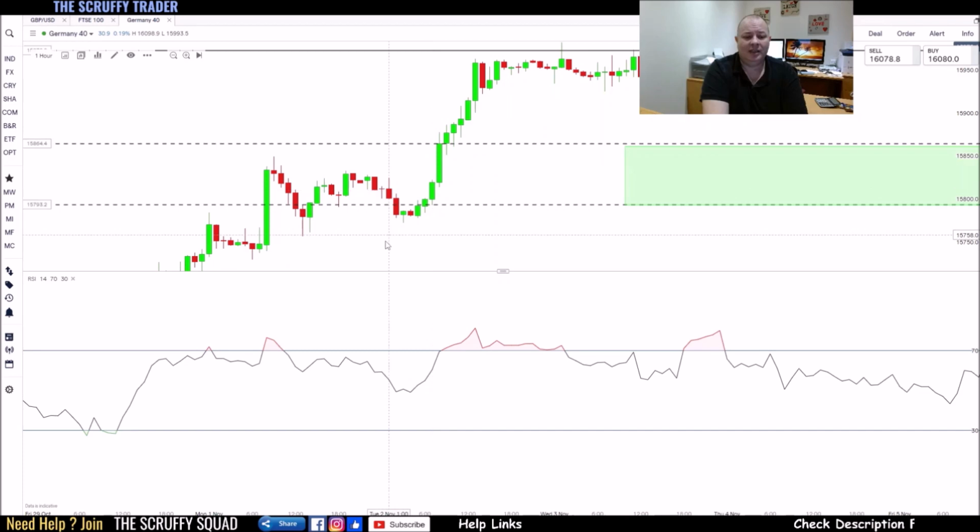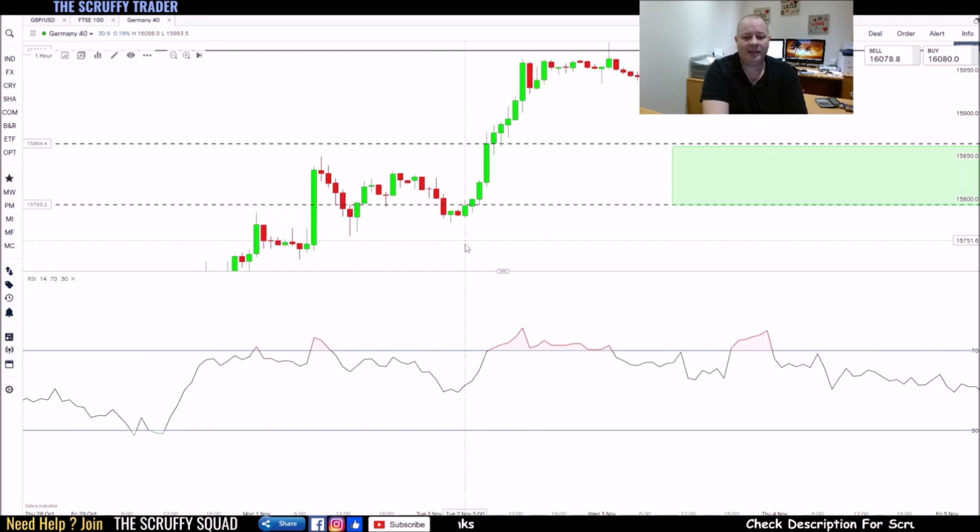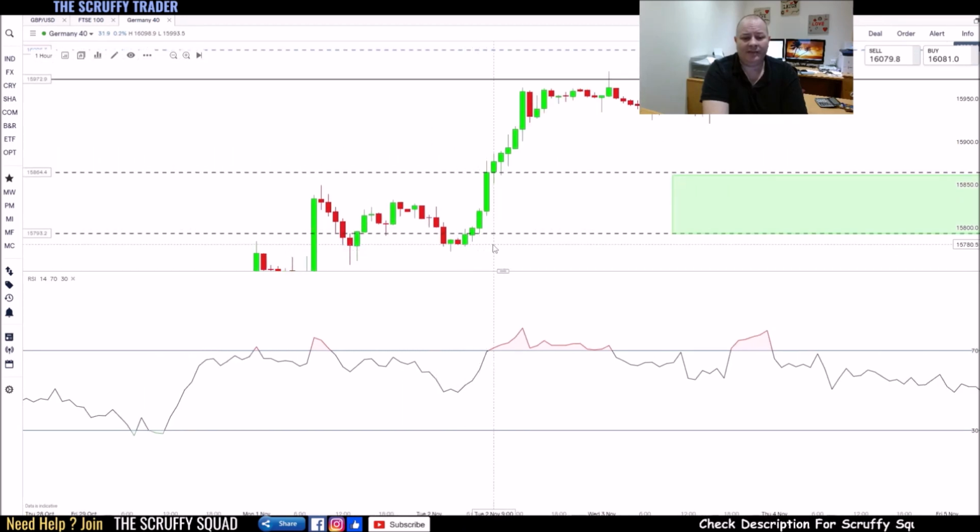Now if we go further back in time, here, there is the cross at this point. This is a level that I put in and worked the zone out. Look how far the market went back up.